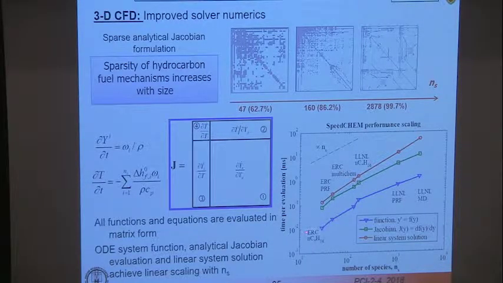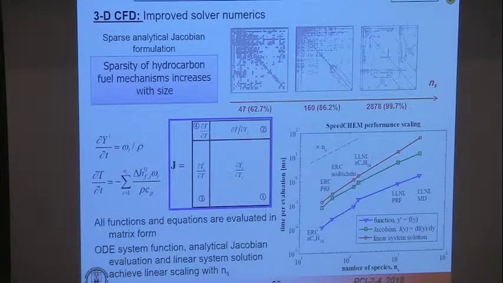For example, the evaluation of the functions, the development of the Jacobian, and then finally the linear system solution. And try to keep that as linear as possible. Now, this is sort of the range of interest for us in terms of the Multicam mechanism of 100 species. And you can see that we can keep the computational time down to reasonable numbers and yet still solve fairly practical problems.